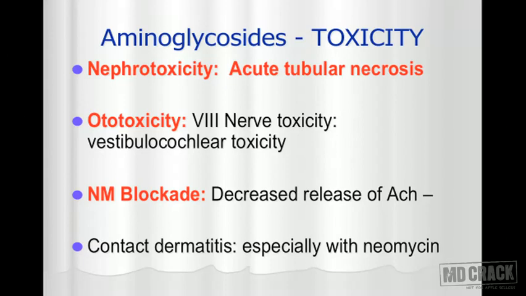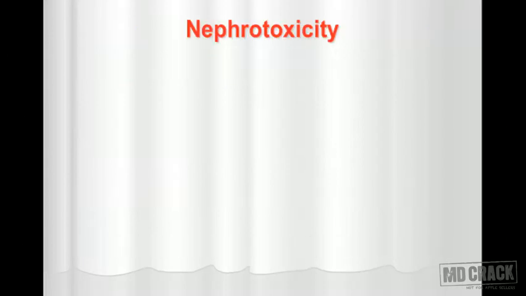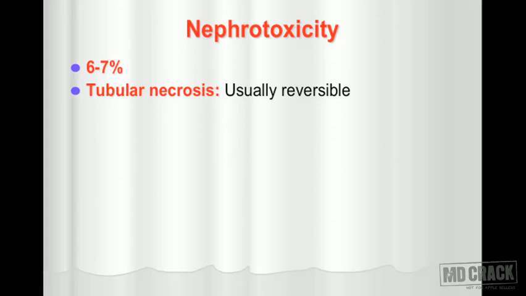The first toxicity is nephrotoxicity. This nephrotoxicity with aminoglycosides occurs in about 6 to 7% of patients, and the characteristic is tubular necrosis of the renal tubules. I would like to remind you that there are more drugs which are nephrotoxic. For example, penicillins can be nephrotoxic, and cephalosporins can be nephrotoxic.